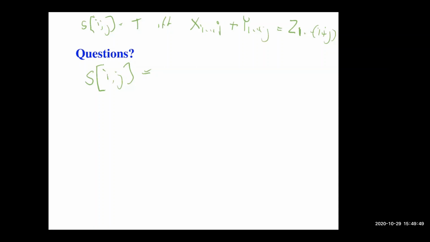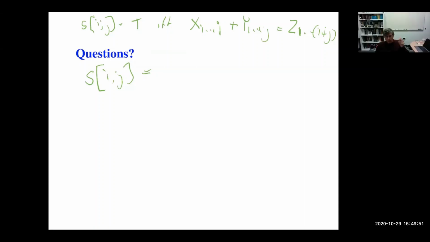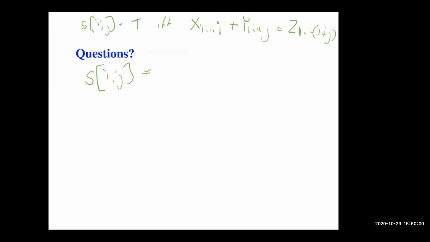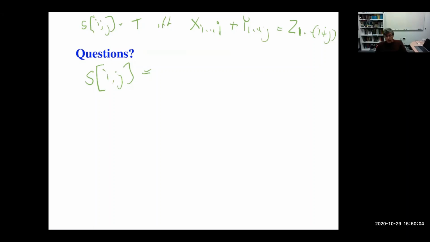We'd like this to depend upon S of I minus 1, j, or maybe S of I, j minus 1. So my question is, can you tell me under what conditions can we do this shuffling? Any ideas?